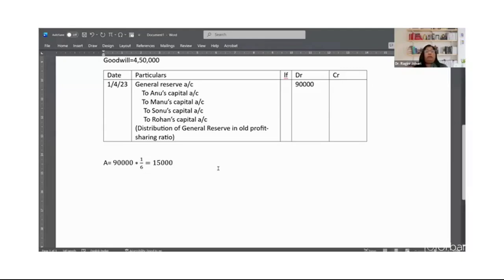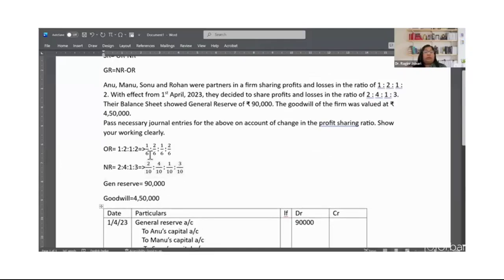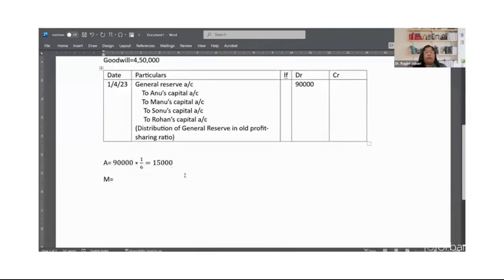Likewise, we can find for Manu also. Manu has a 2 upon 6 share, so likewise 90,000 multiplied by 2 upon 6. So 1 upon 6 is 15,000 and this would become 30,000.